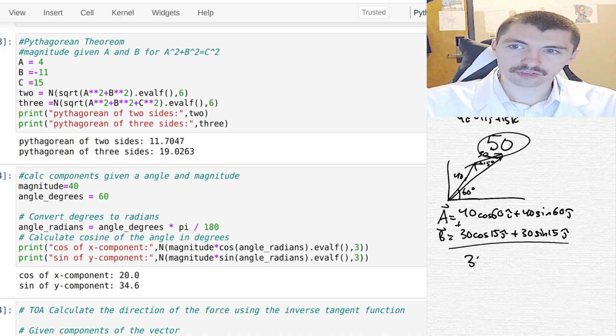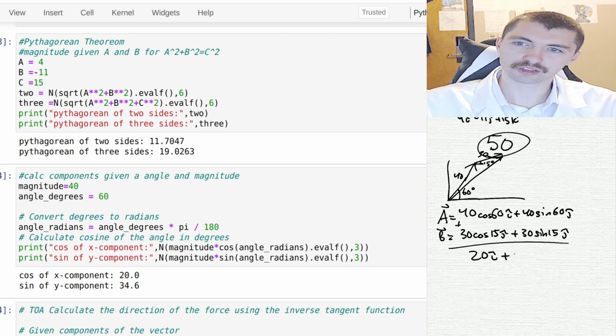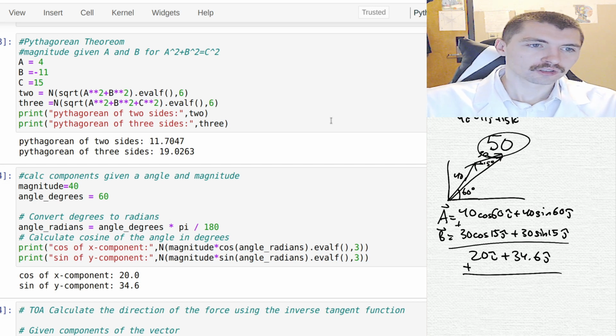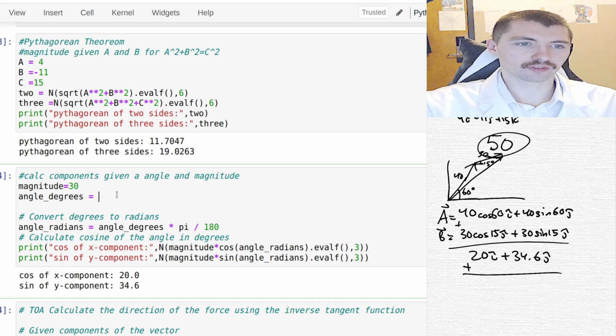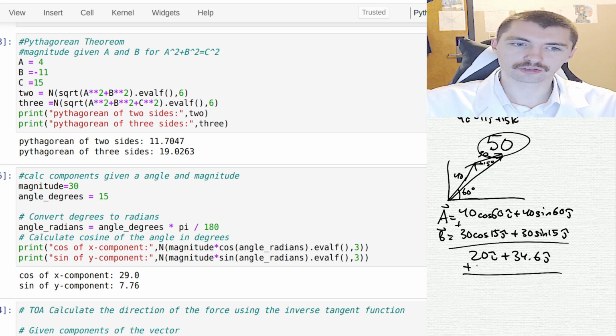So we have 20 plus 25 plus 34 and 30, 15 degrees, so 29.8.